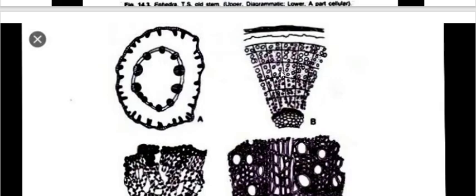As a result of secondary growth, when this cambium ring becomes continuous, it produces the phloem on the outer side and xylem on the inner side, and in the broad xylem region vessels are produced. On the outer side of the stem, periderm is also produced, which is a protective tissue, secondary in nature.